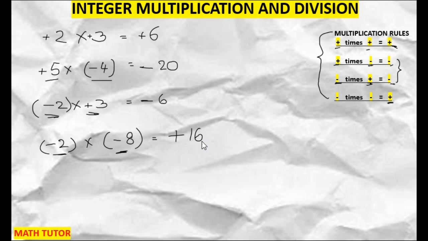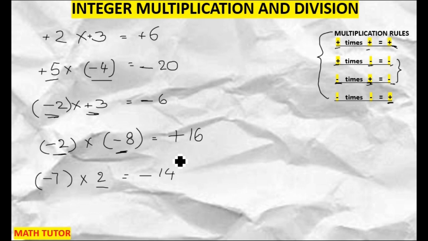Let us see some more examples. Minus 7 times 2. Here we have a negative integer and a positive integer. We should remember, a negative integer and a positive integer will result in a negative sign, and 7 times 2 is 14.